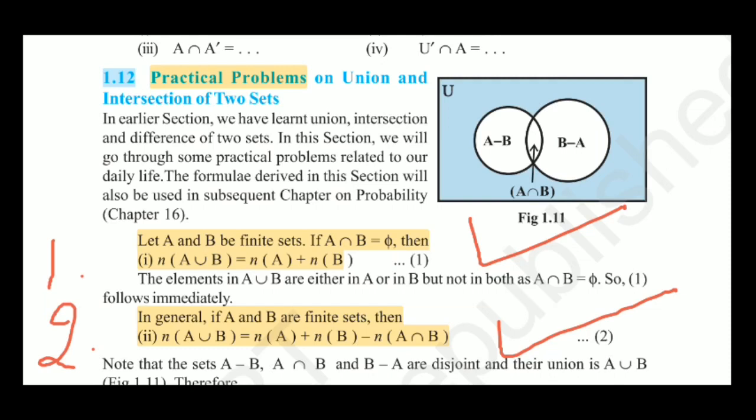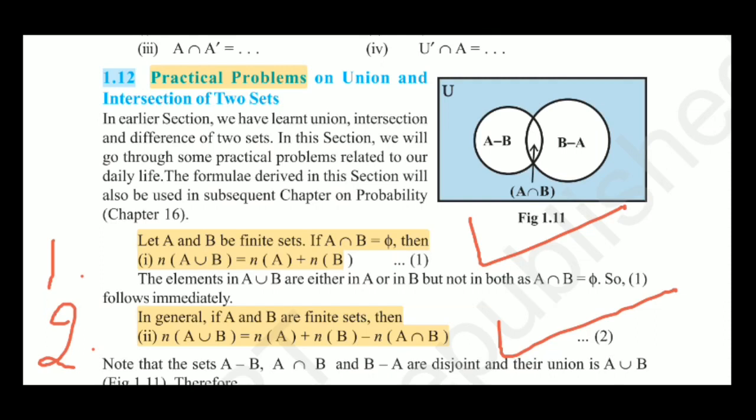Let A and B be finite sets. If the intersection of A and B is equal to phi, then your first result is the number of A union B is equal to number of A plus number of B. Please note down, it is a very, very important result and we will use it.